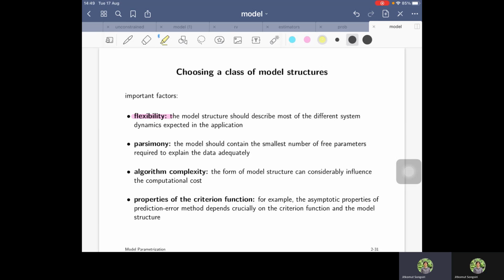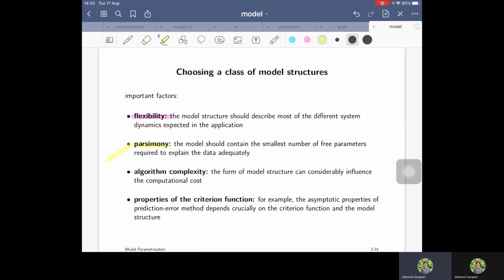But at the same time, you don't want to use a model that is too complex, because you should be concerned with storage, the computational complexity, and the overfitting problem as well.